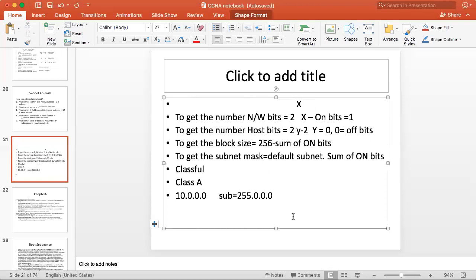So 2 to the power 8, because we have 8 bits in this default. So 2 to the power 8, what will you get? 2 times 2 is 4, 8, 16, 32. I think so. Check it again.